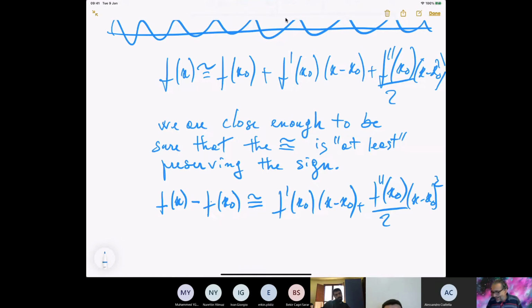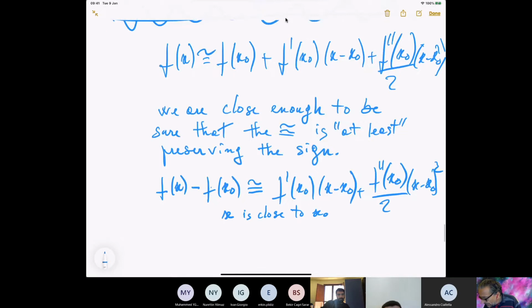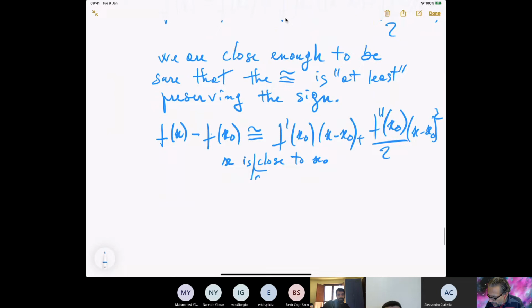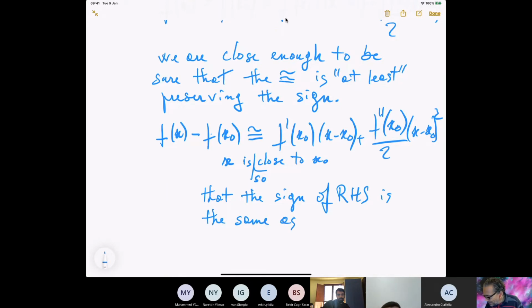So we assume that x is so close to x0 that the sign of the right hand side is the same as the sign of the left hand side.